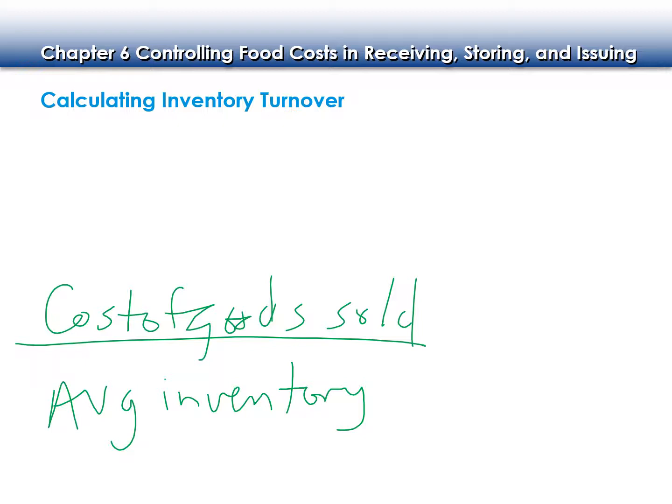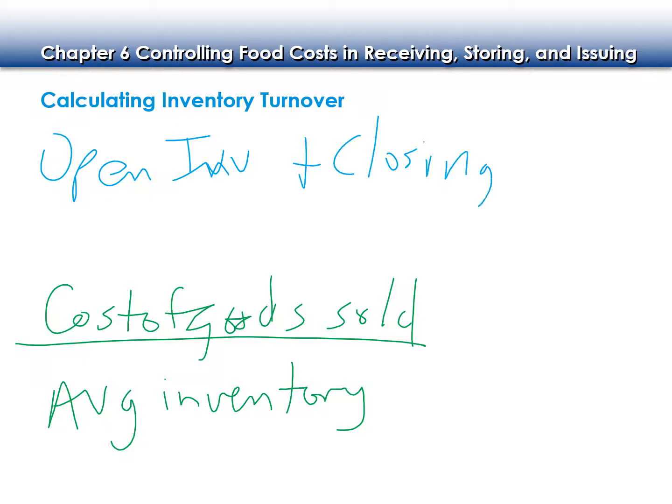Opening and closing. So we have opening inventory plus our closing inventory, and we divide it by 2. Why 2? Because we have two numbers. We have an opening and a closing.